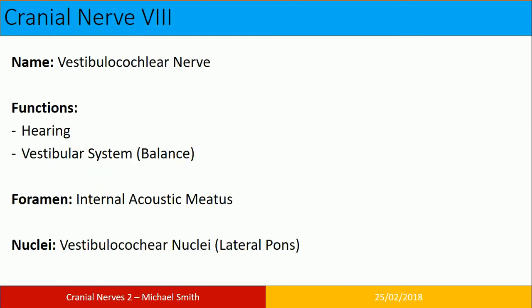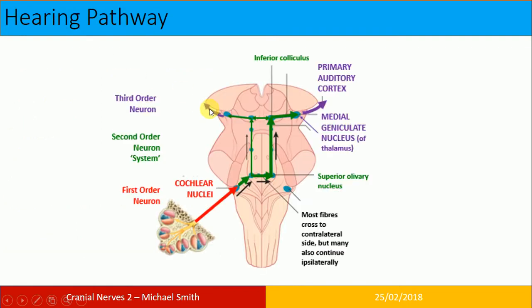So our cranial nerve 8 has the functions of hearing and of balance, hence the name vestibulocochlear nerve. So our hearing pathway begins with our cochlear nerve and then runs back to our vestibulocochlear nucleus.